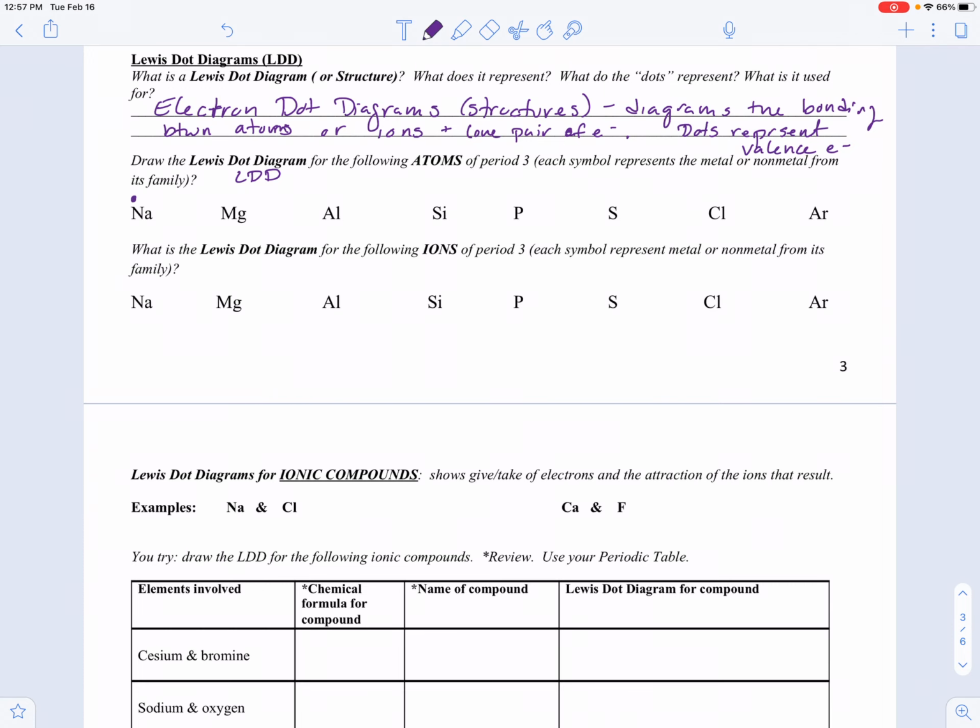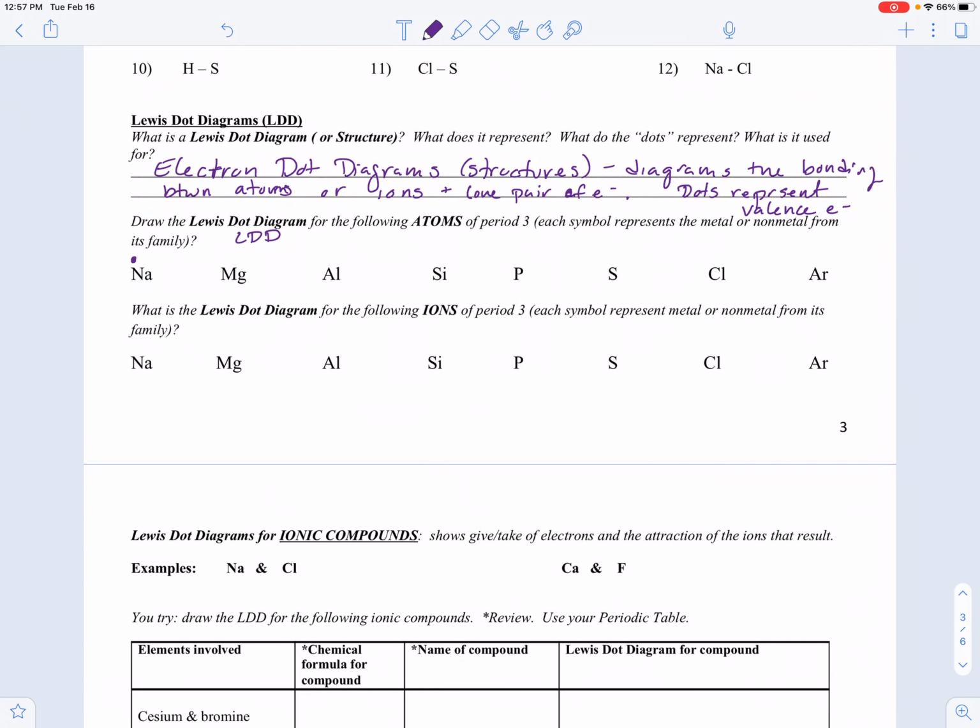Magnesium has 2 valence electrons because it is in family 2. So I would draw the first one up here and then the second one over on the right side. For aluminum, it has 3 valence electrons, so 1 on top, 1 to the right, and then 1 on the bottom. Then we've got silicon, which has 4 valence electrons.